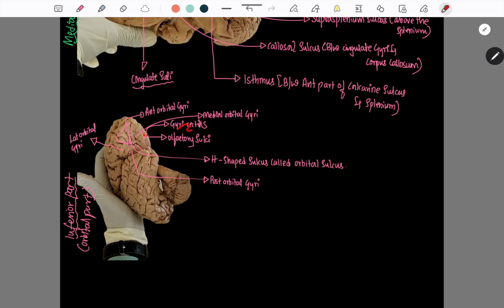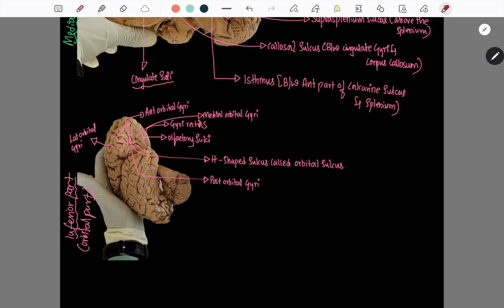In front of that you have a gyrus called the gyrus rectus. And there is another H-shaped irregular sulcus called the orbital sulcus.